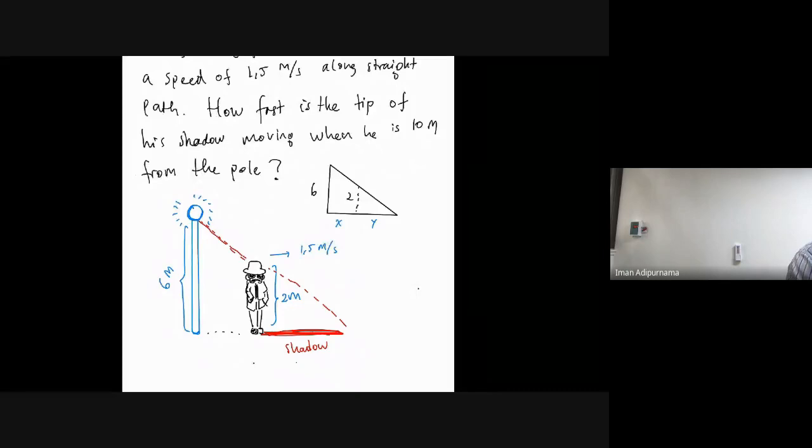I think you learned it in junior high or elementary, I forgot. But you can write this as y over 2 is equal to x plus y over 6. And then you can solve this. You actually get y is half x, right?